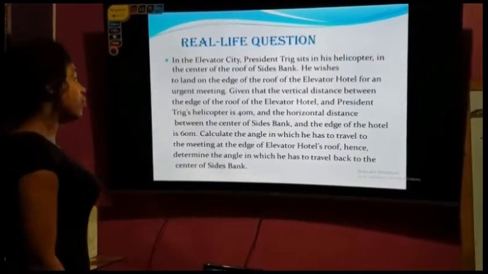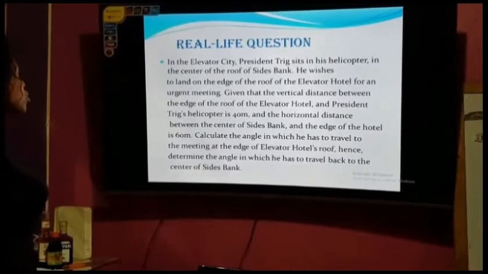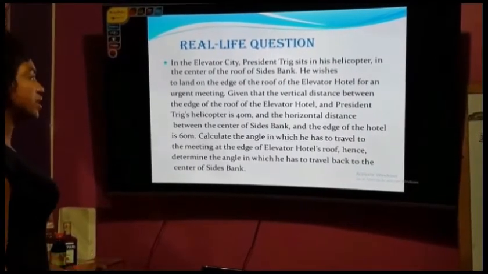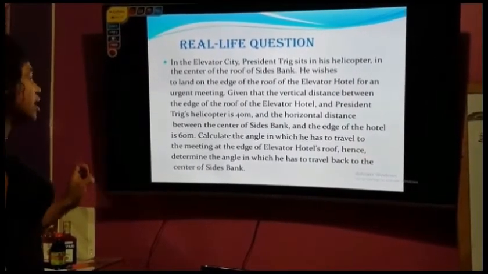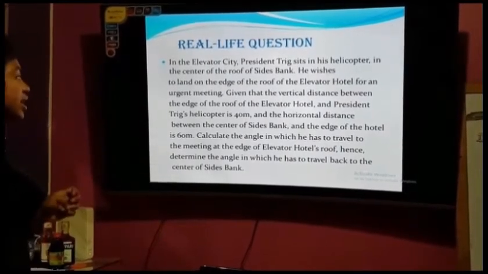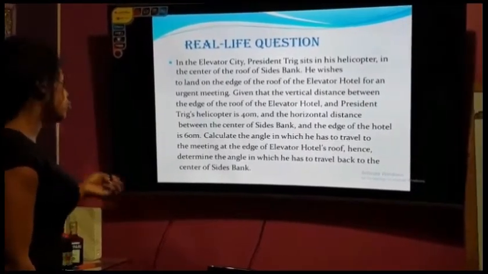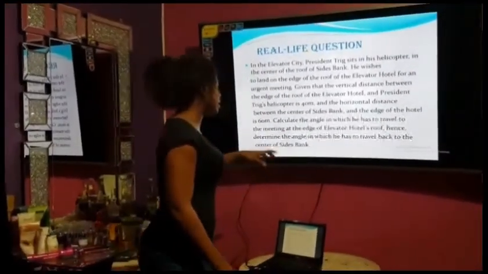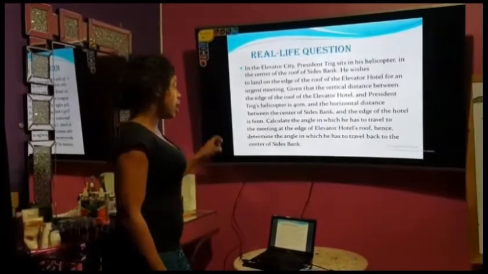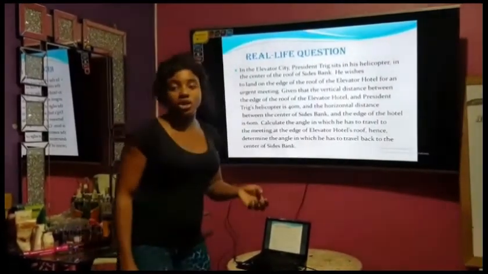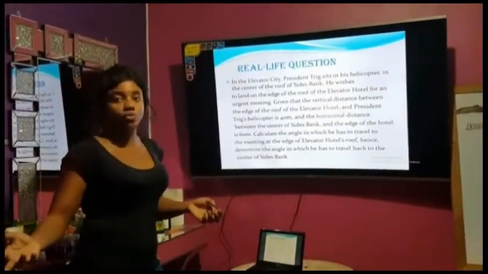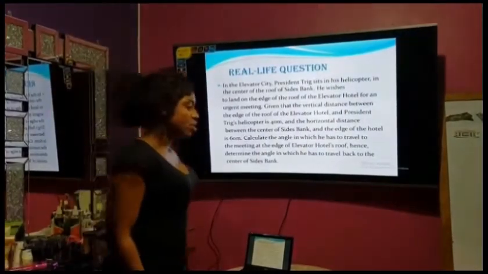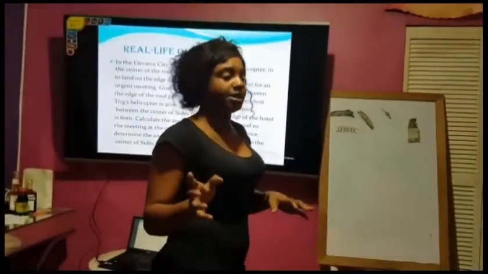Calculate the angle in which he has to travel to the meeting at the edge of the hotel's roof. Hence, determine the angle in which he has to travel back to the center of Sides Bank. So class, this question is asking us to find the angle of elevation and also to determine the angle of depression, so we're going to use the elevator city manipulatives.